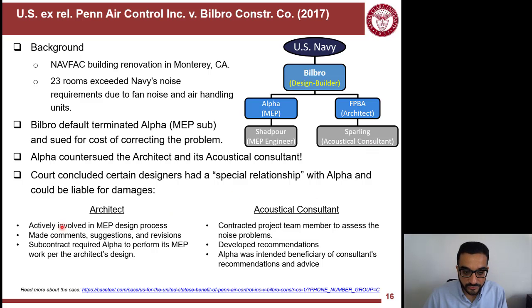First, the architect was actively involved in the MEP design. They provided comments and suggestions and were very hands-on in the design of the system. And even the subcontract of Alpha with Bilbro required them to perform the MEP requirements per the architect. That requirement showed some kind of special privity relationship.